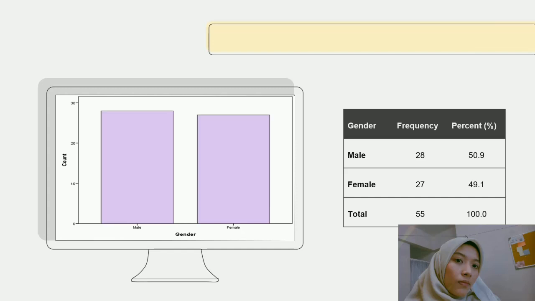From the bar chart, we can see a slight difference between males and females. Based on the table, the percentage of male is higher at 50.9% compared to female at 49.1%. The percentage difference between males and females is 1.8%, which is not too noticeable. The frequency difference between both genders is only 1.